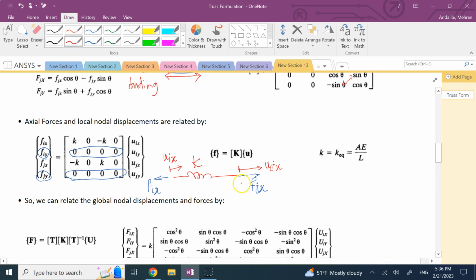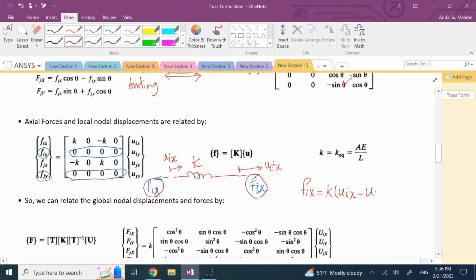Correct? So if I want the magnitude of any of these two forces, all I need is to subtract the two displacements to get the total elongation and multiply it by k. So you see that Fix is equal to basically k times Uix minus Ujx.